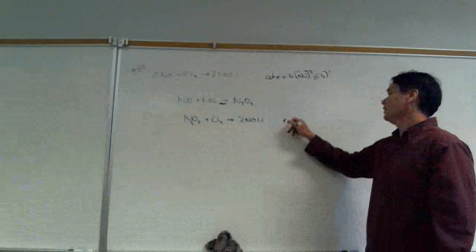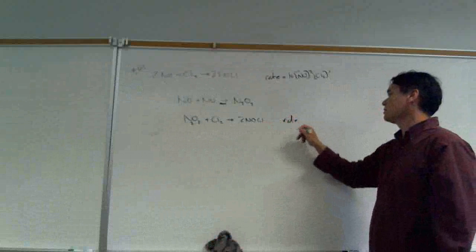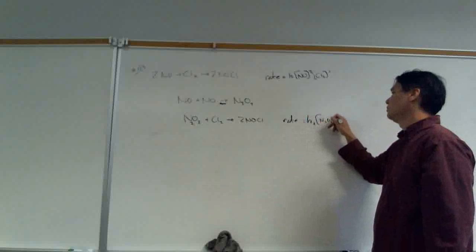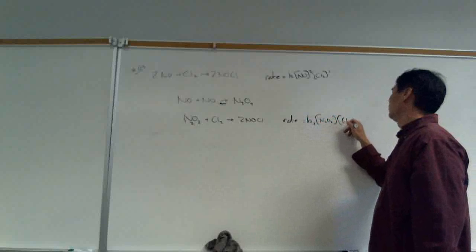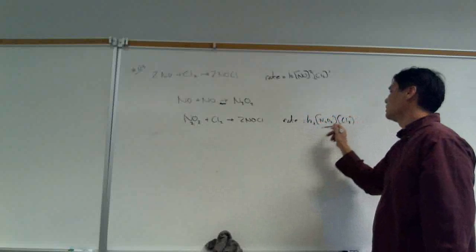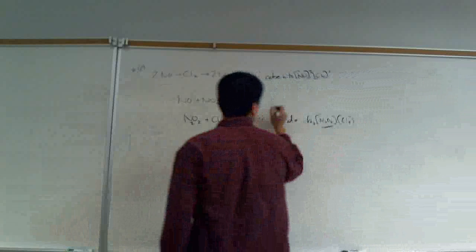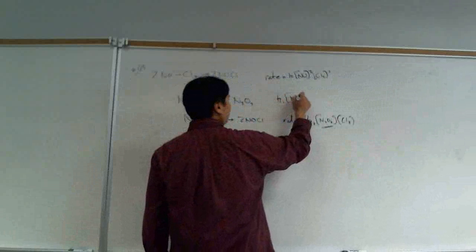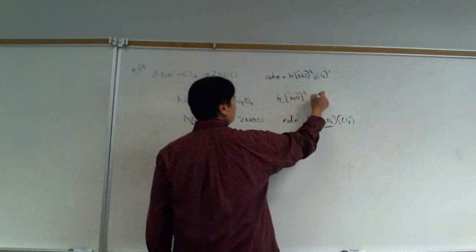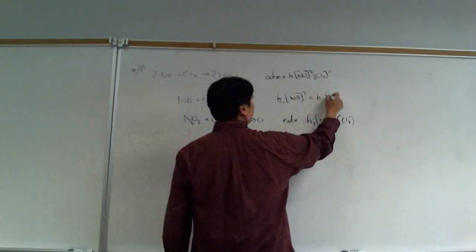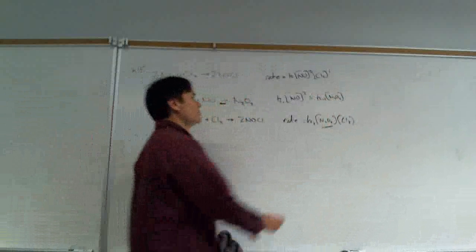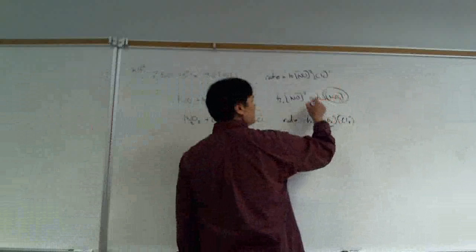So anyway, the second step's the RDS. So the rate is equal to k2 [N2O2][Cl2]. N2O2 is the intermediate, so we're going to use the fast reversible step. Fast reversible says k1[NO]^2 is equal to k-1[N2O2], right? Then solve for this and substitute it in here.